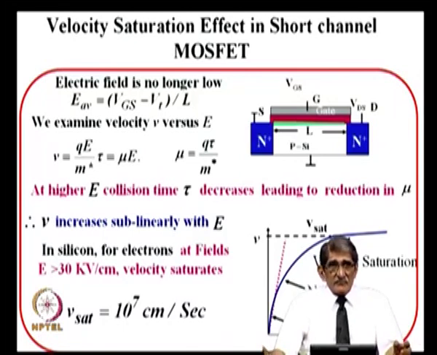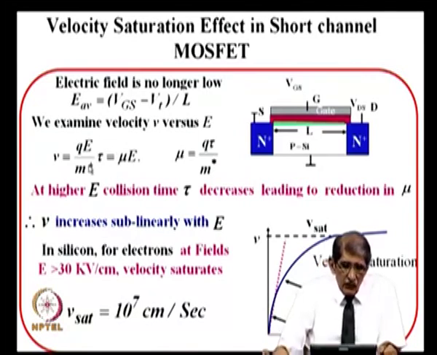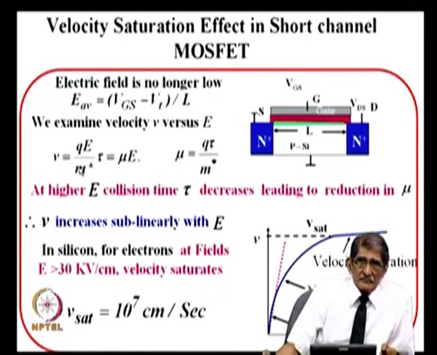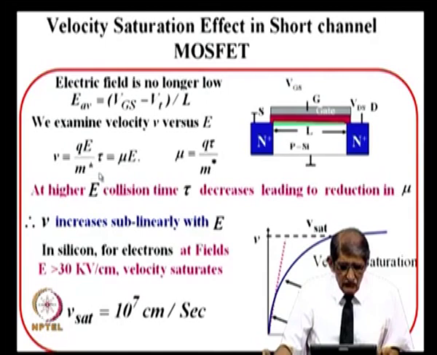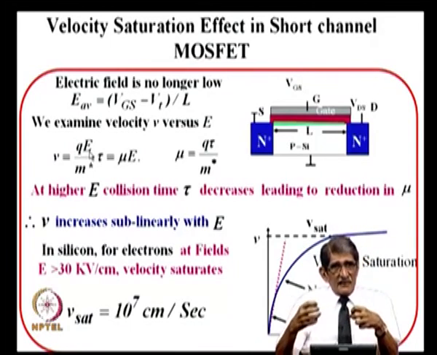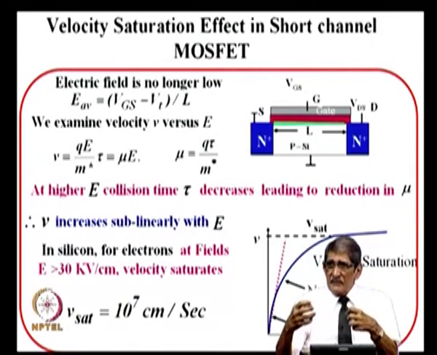So, what happens when the electric field is high? Can we take mobility as constant? What is velocity? The velocity is actually force divided by mass, that is acceleration, into time. As the electron is accelerated, it experiences collisions, that is, it gets scattered.